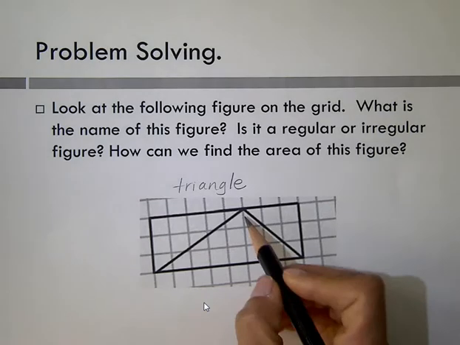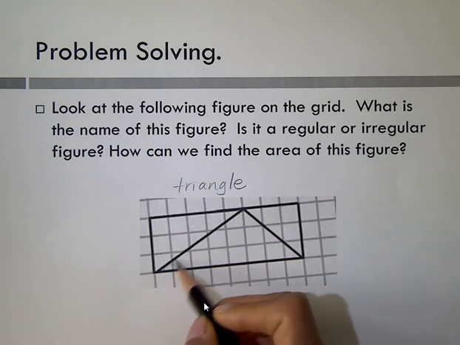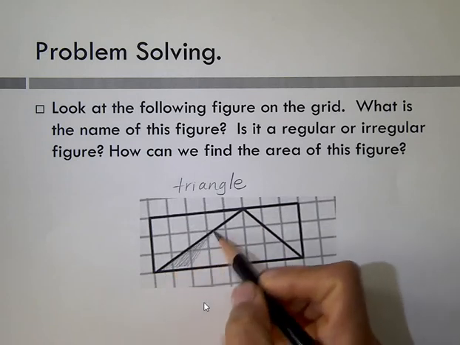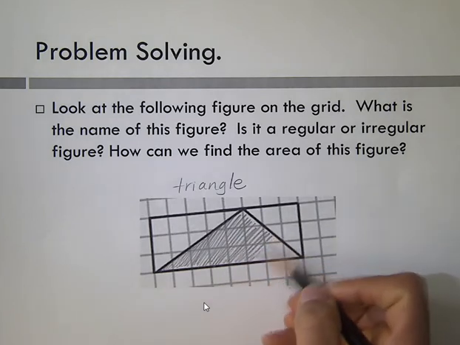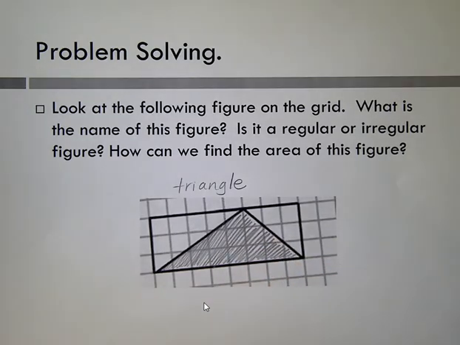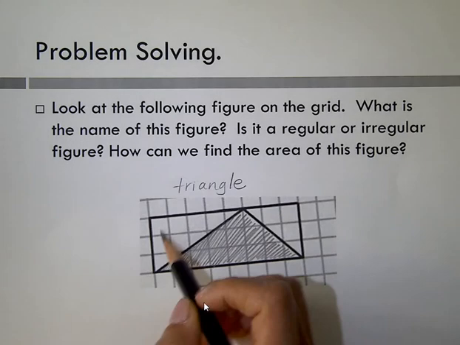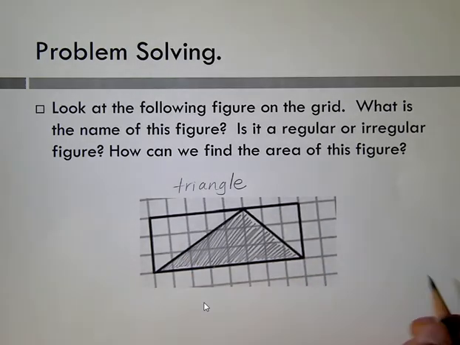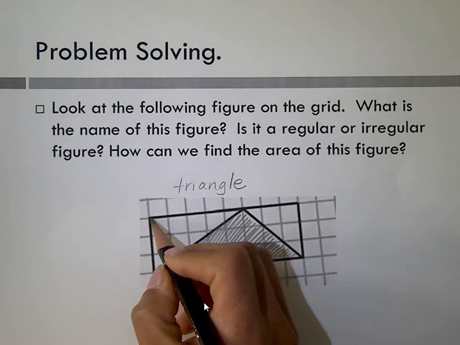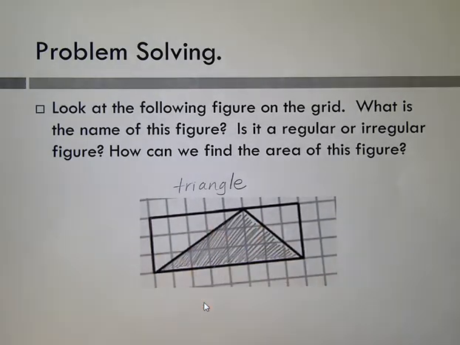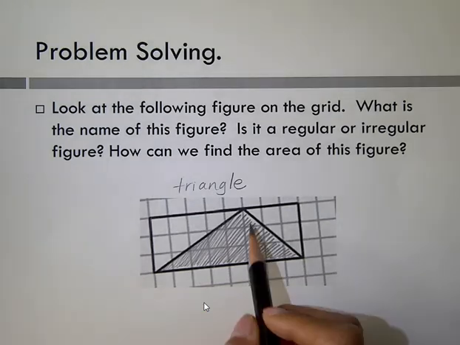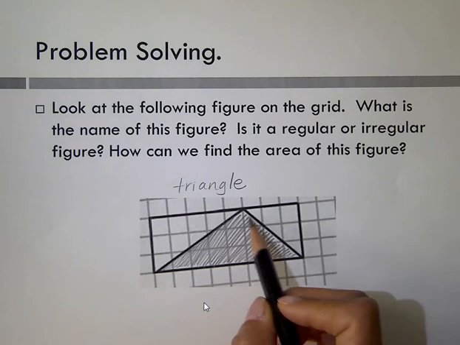Well, this figure is irregular. And why is it irregular? Because it does not have a length and a width like a rectangle or a square. So if that's the case, how do we find the area of an irregular figure, such as a triangle?